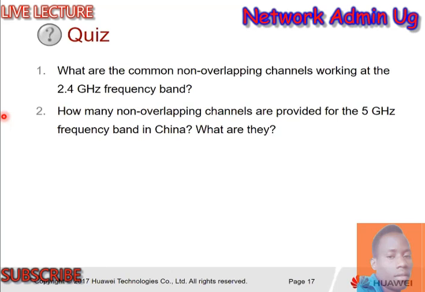This technology of channel binding is just binding two or various channels that are neighboring each other to form one channel. Once these channels are bound together, the throughput will be really high for those channels.